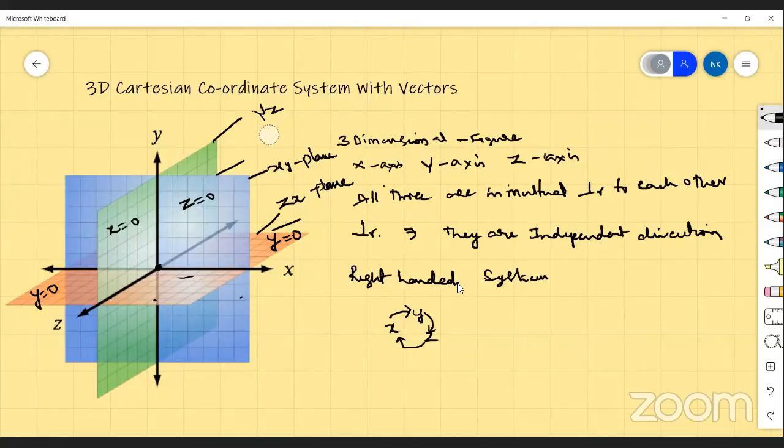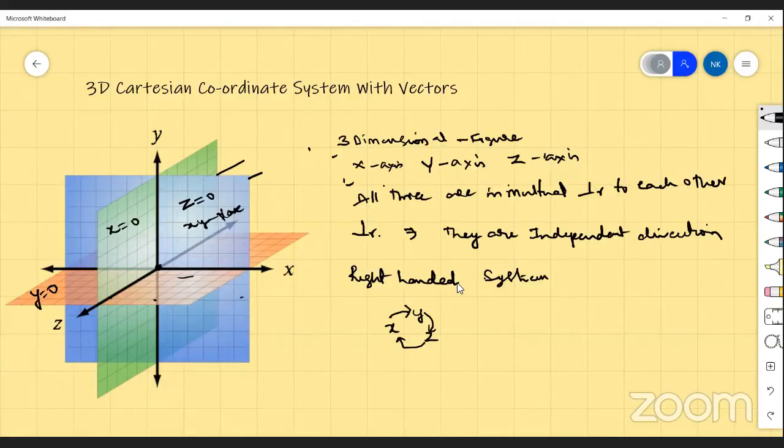So what is this plane once again? This plane is z is equal to 0. This is the xy plane.